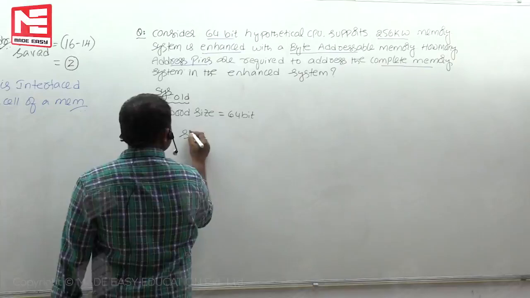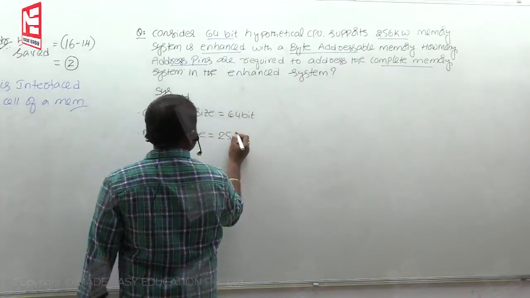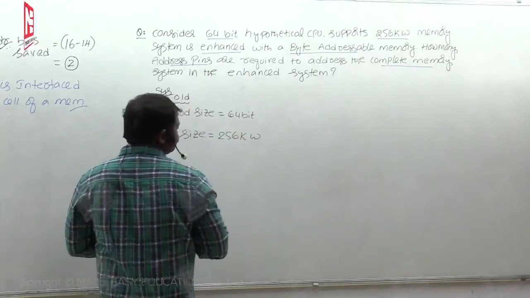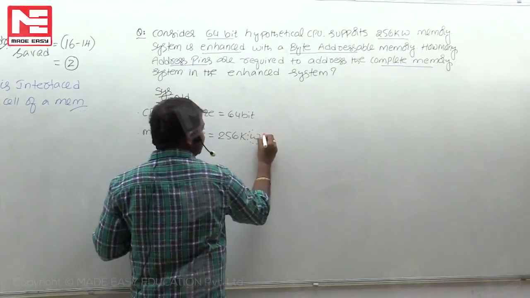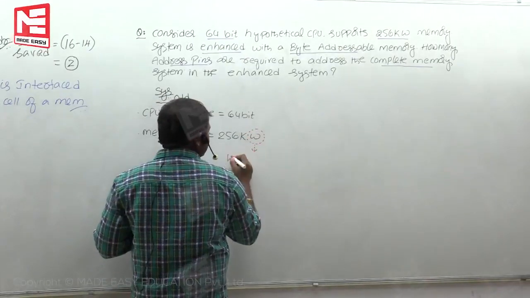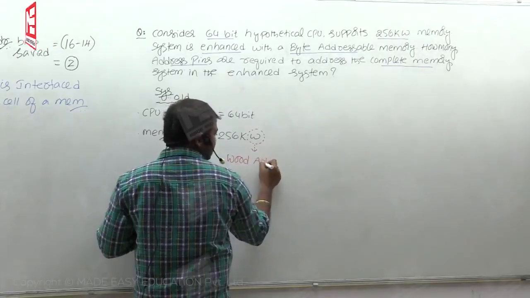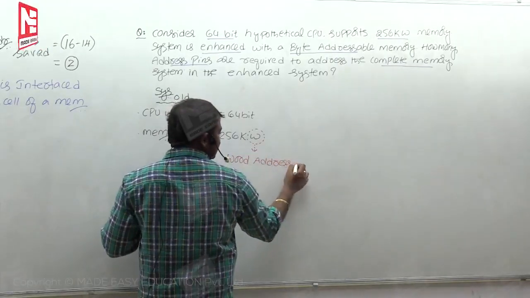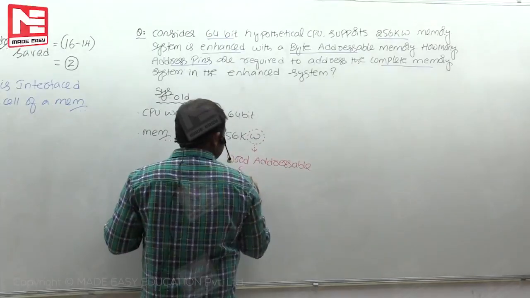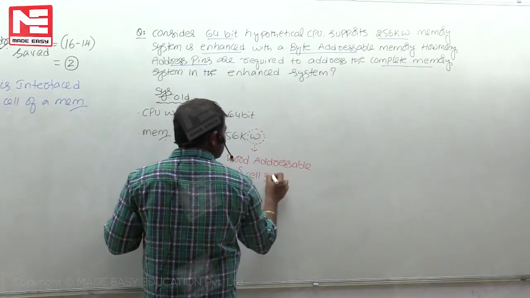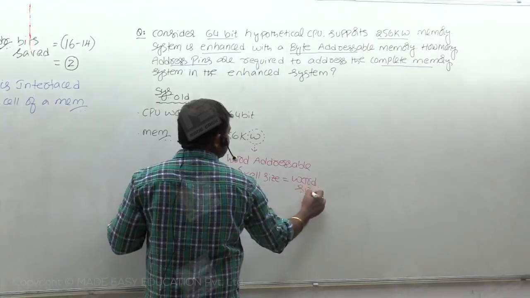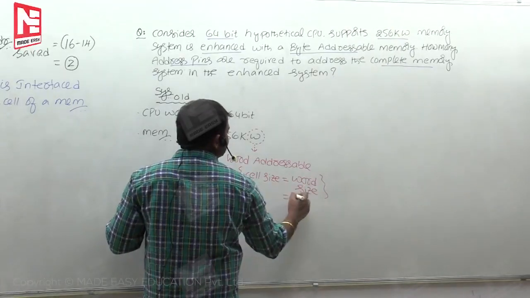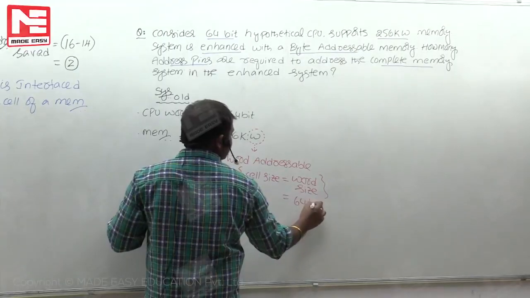Memory size equals 256 kilo word. Here cell size is word. Therefore memory is word addressable. Cell size equals word size. That word size equals 64-bit.